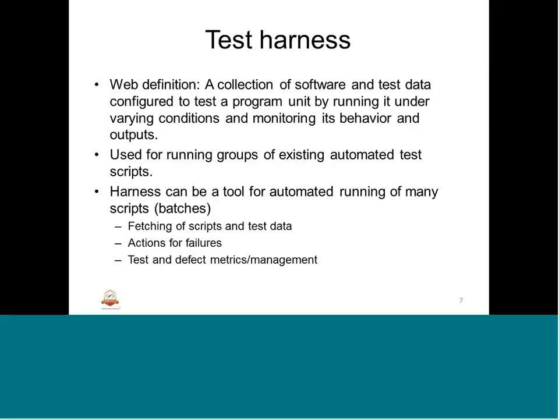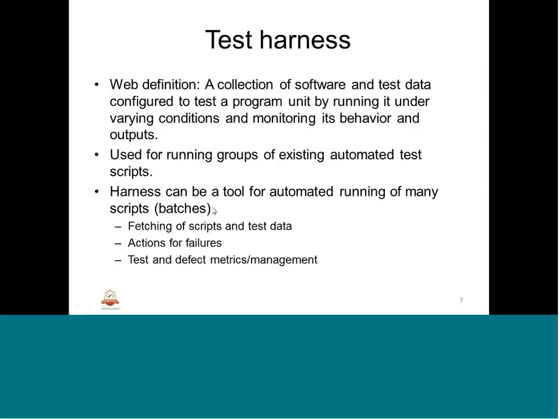Fetching of scripts and test data. What it does, the automated running of batches is fetching of scripts and test data. Any actions or failures should report as a failure or report the log, etc. And test and defect metrics or management, like how many passes there are, how much has failed, in terms of overall automated batch output, this will take care.